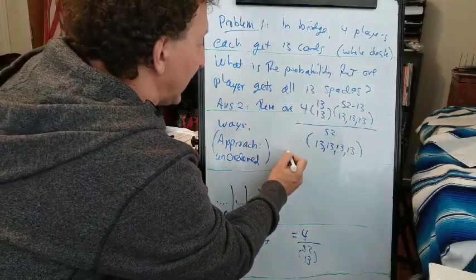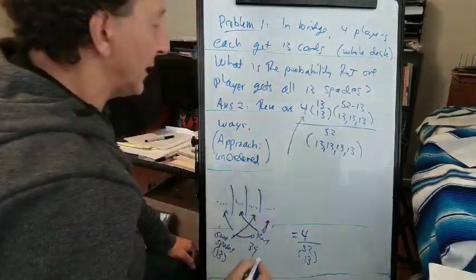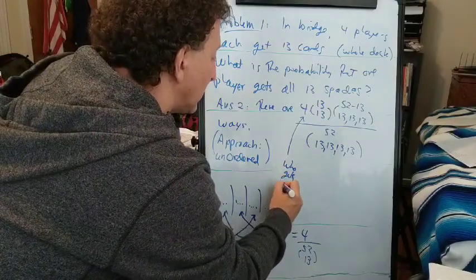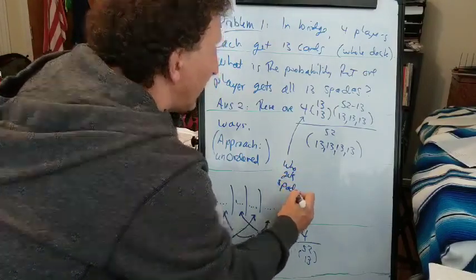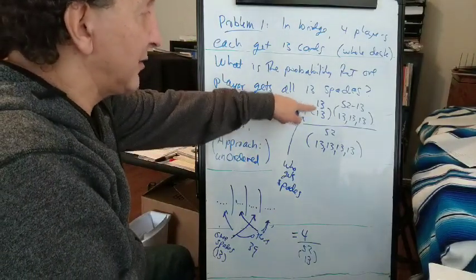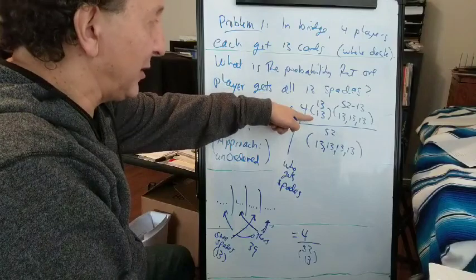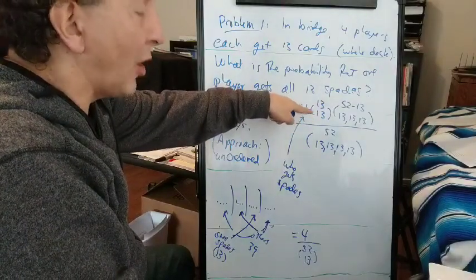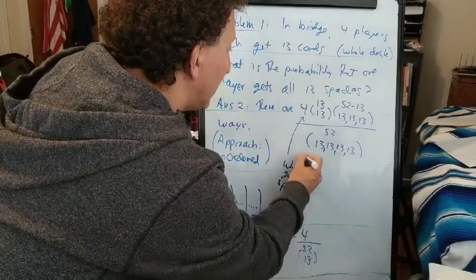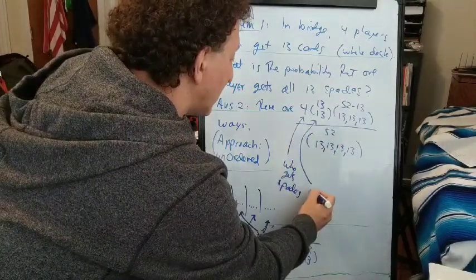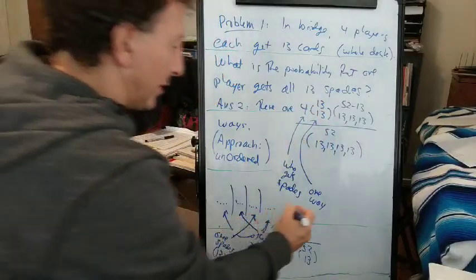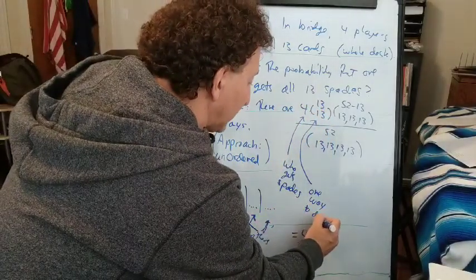So the 4 is the same. We'll choose who gets the spades. And then that player is going to get 13 cards, and of course we're going to give that player all 13 out of the 13 spades. 13 choose 13 is 1, so one way to do this.